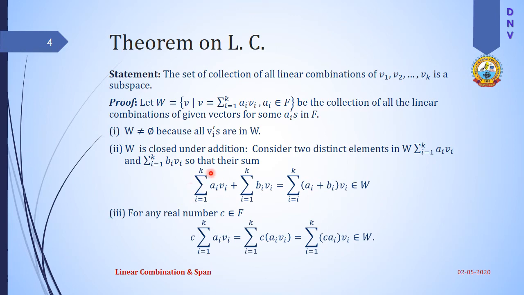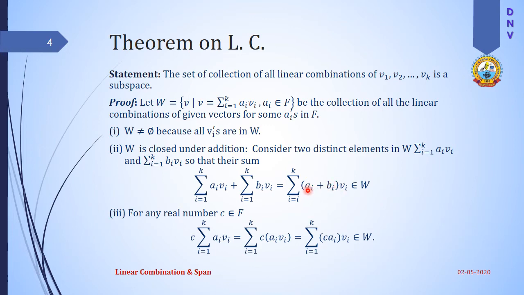So to save time, I have used the summation notation. So the summation of aivi plus the summation of bivi, and we can say that two summations can be added by adding the terms lying within them. So if I add these two, I get aivi plus bivi, but vi is a common element in this, so I can take it out of the bracket and write within the bracket ai plus bi.